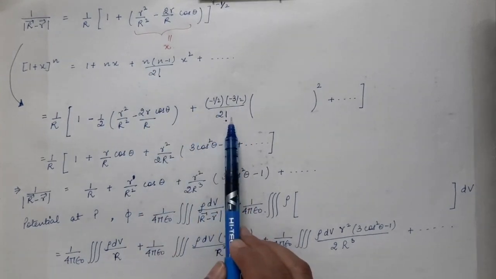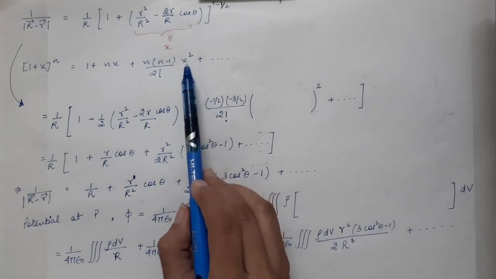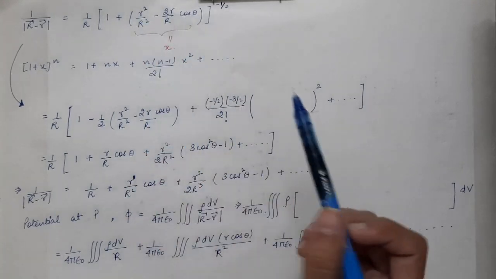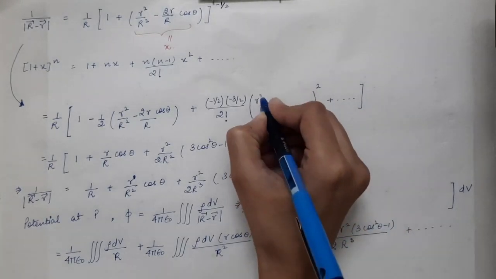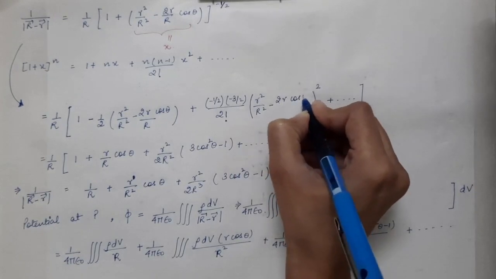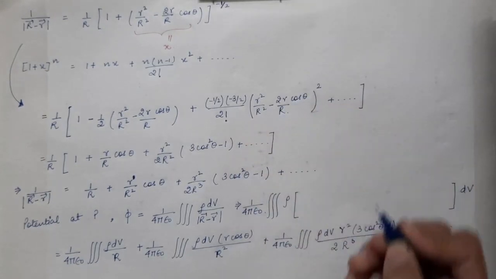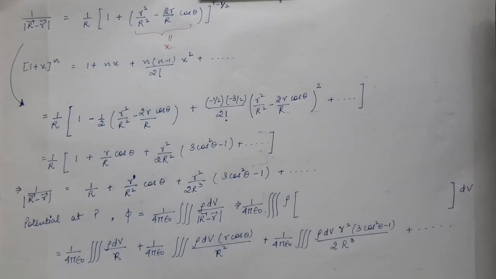Divide by 2 factorial will remain as it is, and along with that we have x square. So x is nothing but this whole term. So now we are going to do square of x. So x is r square by capital R square minus 2 into r cos of theta divided by capital R, and so on. You will get higher order terms.